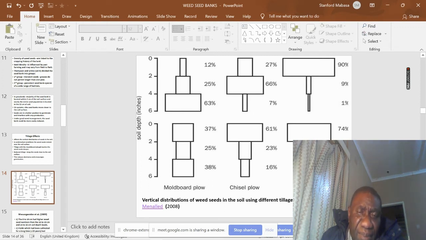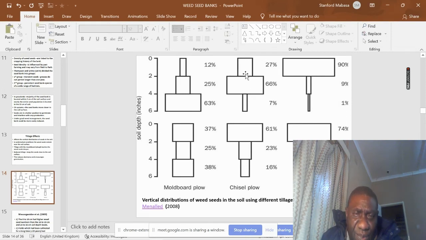Now, if we look at the distribution of weed seeds in the soil profile, starting from 0 going up to 6 inches, according to this paper, there is more or less uniform distribution, or there are fewer weed seeds near the soil surface, and there are more at the bottom.